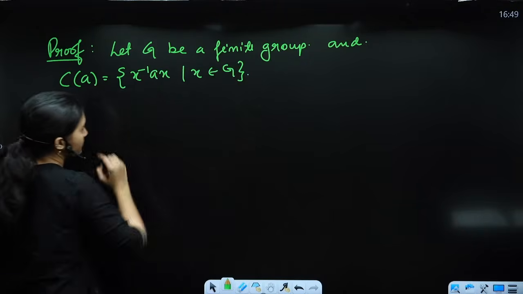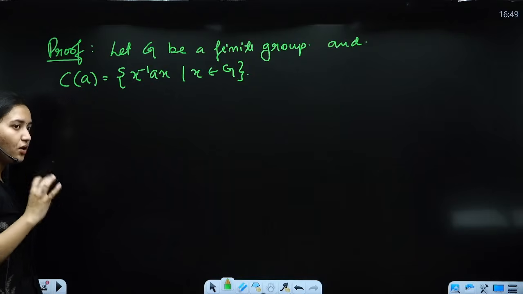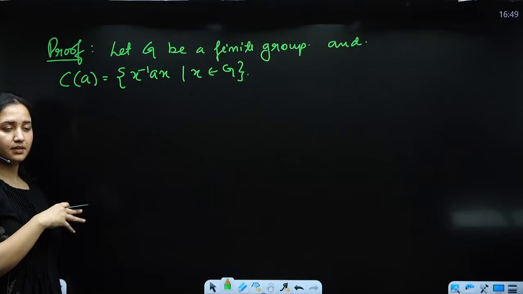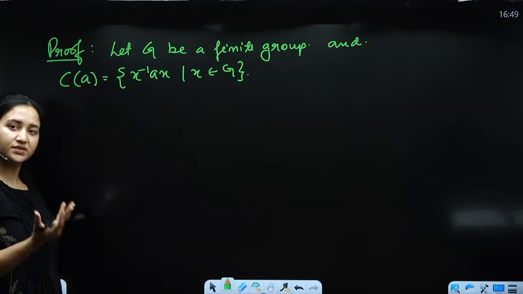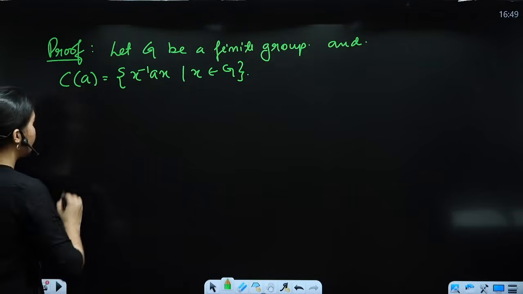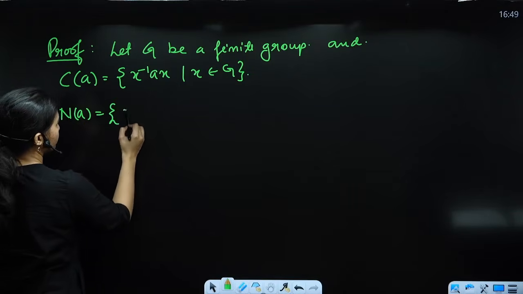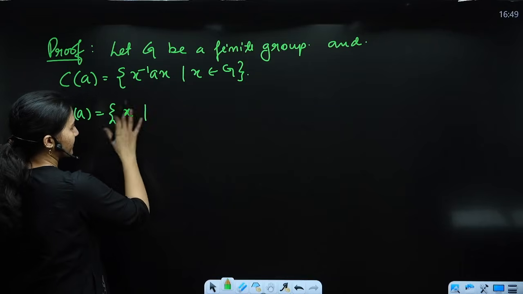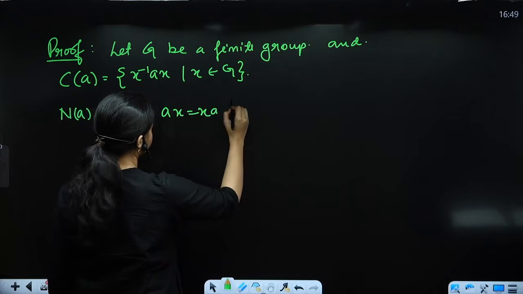Okay. Now we want to show that the cardinality of the conjugacy class of an element is equal to the number of cosets produced by the normalizer of that element, right? So NA equals the set of x such that ax equals xa, right?